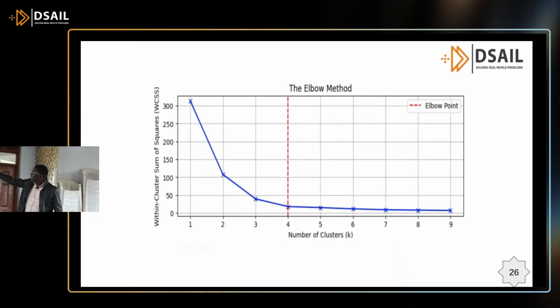So in this case, at the red line, you may choose, okay, I want my optimal k to be 4. So this is one method that is used, instead of just guessing the k, you run this, and it tells you the optimal value of k that you can choose based on your data.